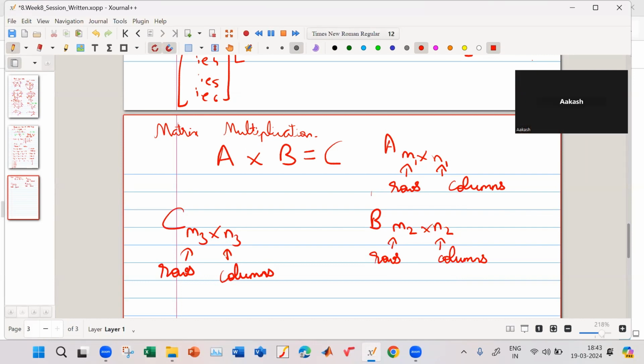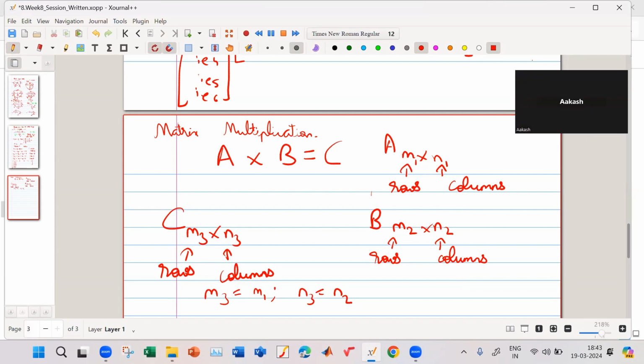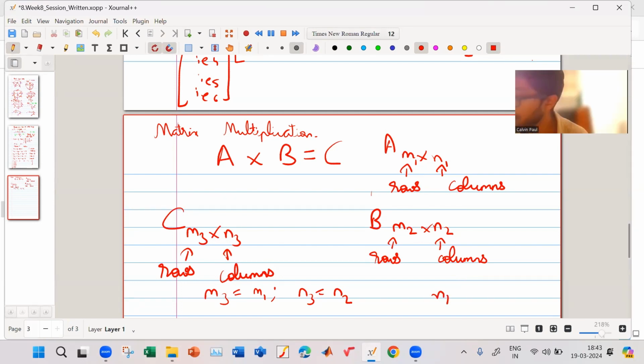M3 will be equal to M1 and N3 will be equal to N2. And N1 and M2 should be equal in order to multiply. This is very important: N1 should be equal to M2. If this is not satisfied, then you cannot do matrix multiplication. Only if this is satisfied, then you can.